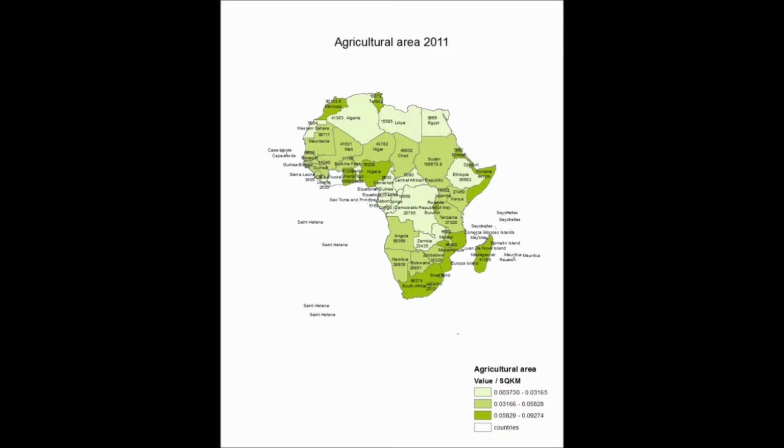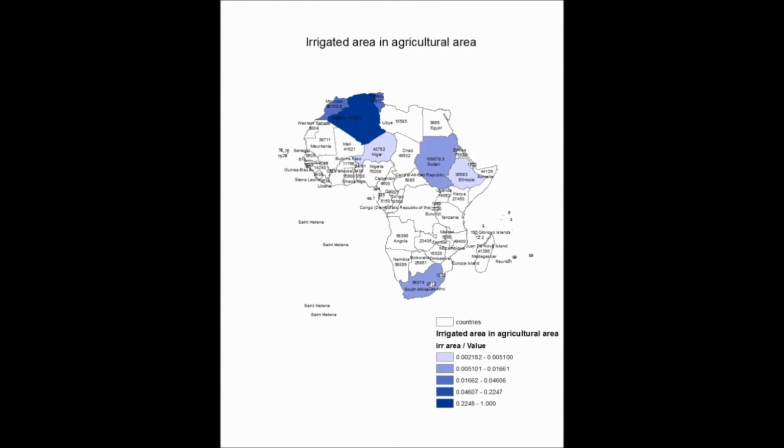We want to know more. We want to know something about the irrigation situation in Africa, which part better develops the irrigation system of their agriculture area. As you can see in the second map, parts with darker blue represent the countries that have more irrigated area in their agriculture area. We color this map based on the density of the irrigation area, and it's a map telling the story of 2011.